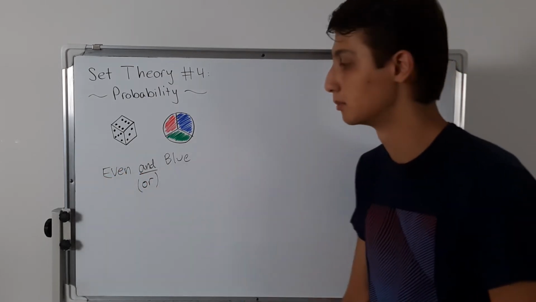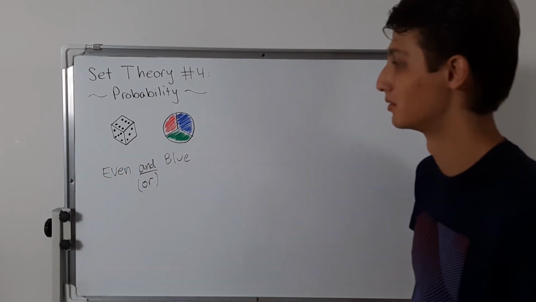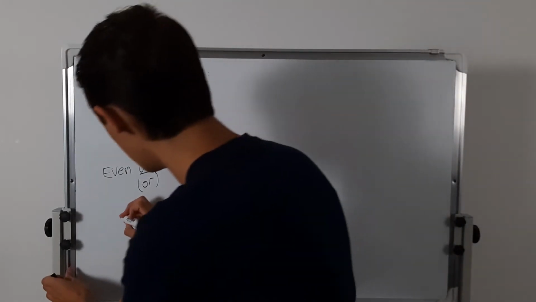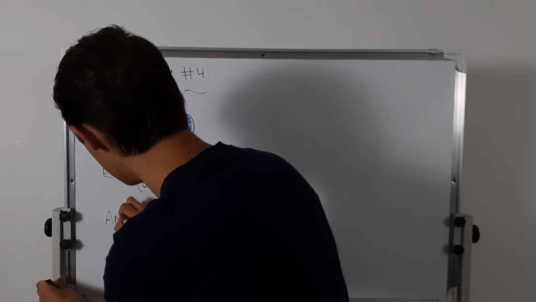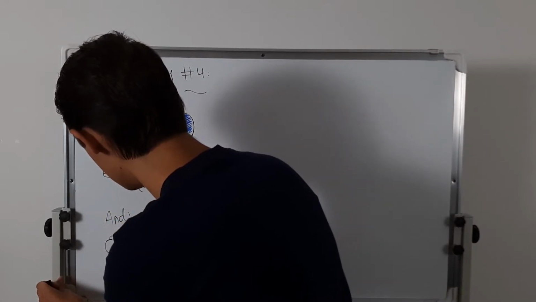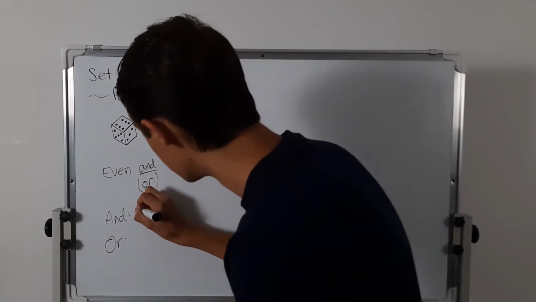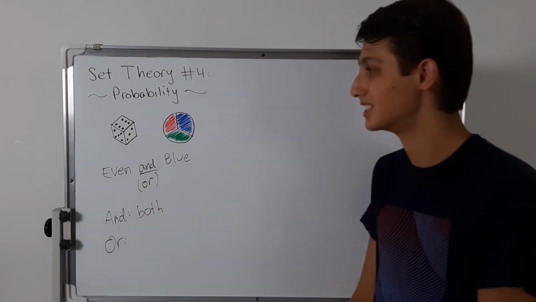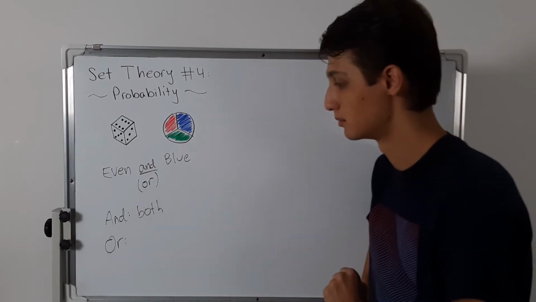So let me more concretely write what I'm talking about. In math, let me just give you the two definitions. "And" is just both conditions are met. No negotiations or anything, both conditions have to be met.